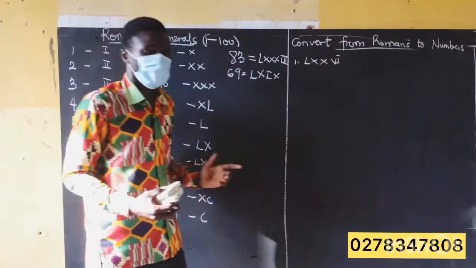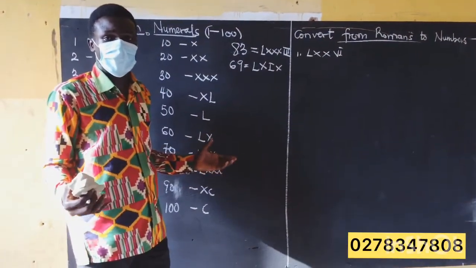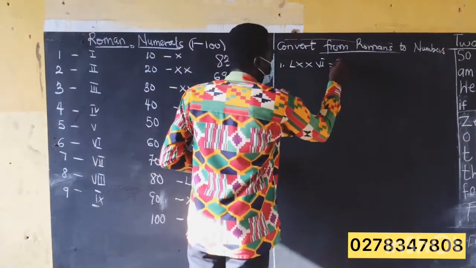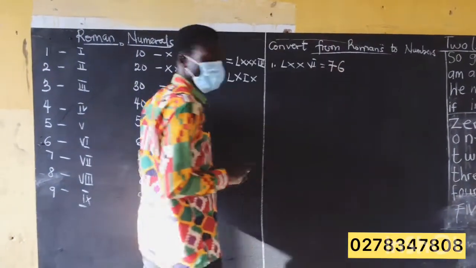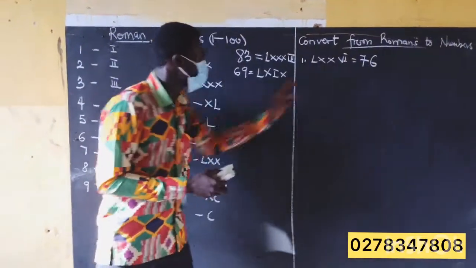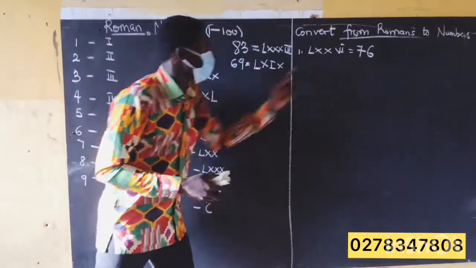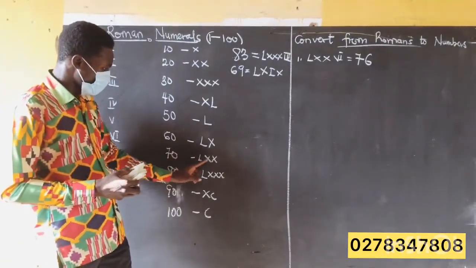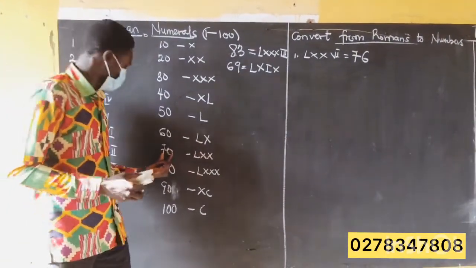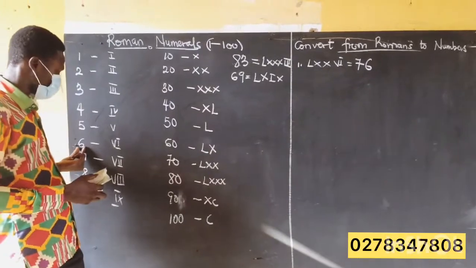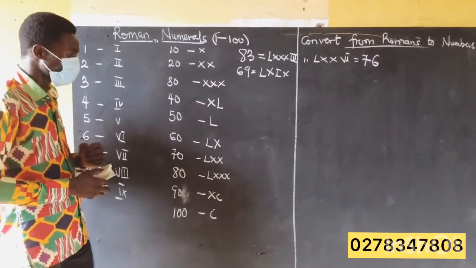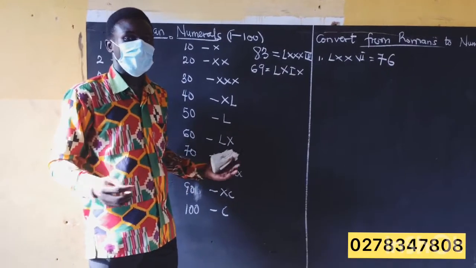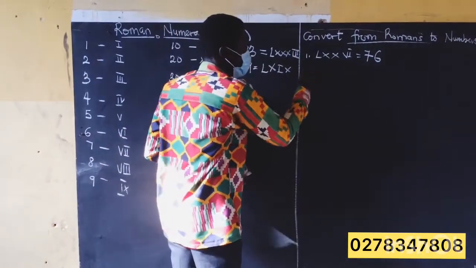Then VI is for 6. So this gives me 76. Looking at this chart, LXX is 70. VI is 6. So this gives me 76.